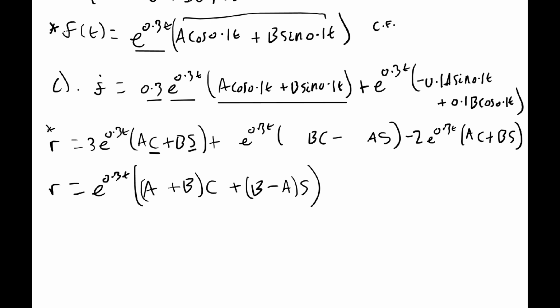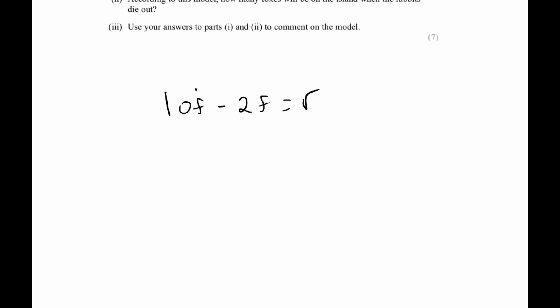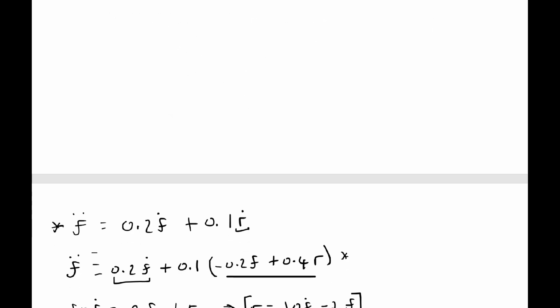So I can see that r, and again, I'm getting this r from, I'll show you where, sorry about this, I'm getting it from here. So to get r, I just do 10 f dot, take away 2f. I've just done that here.